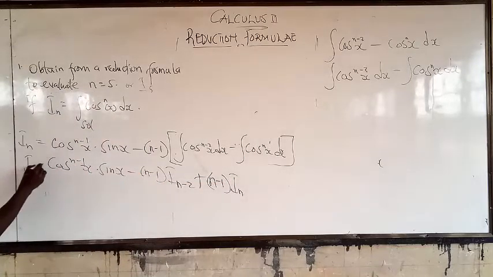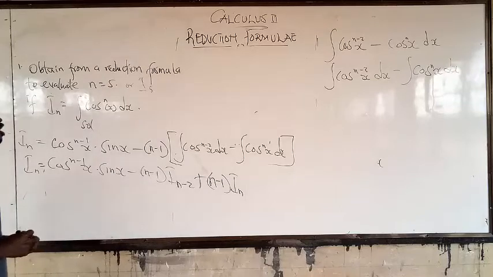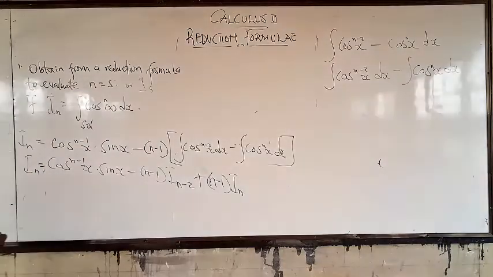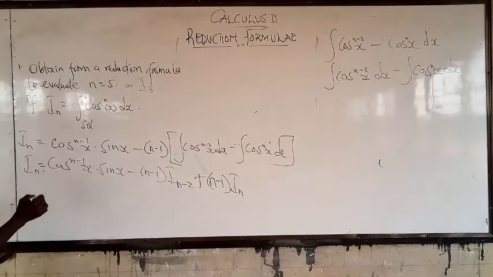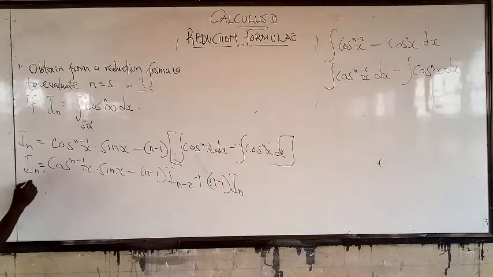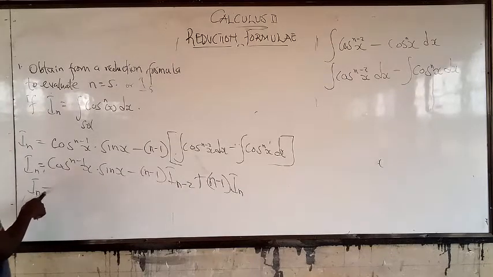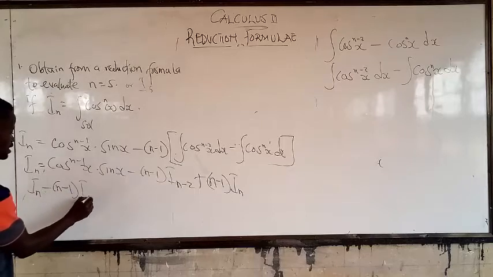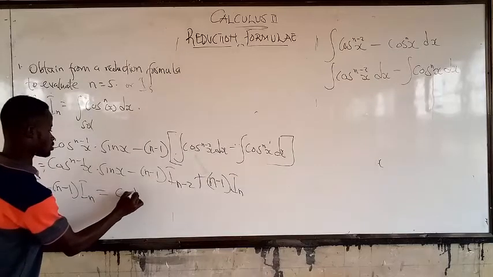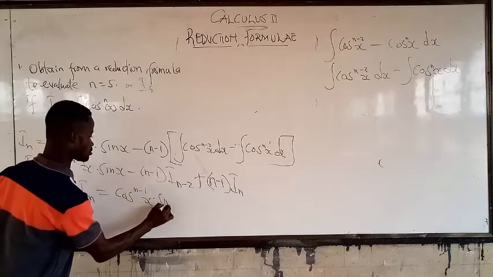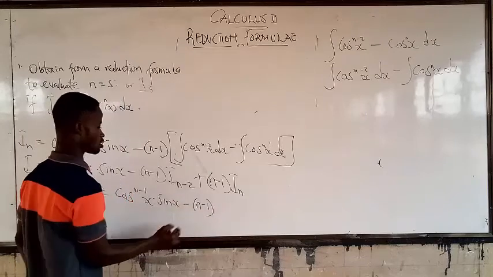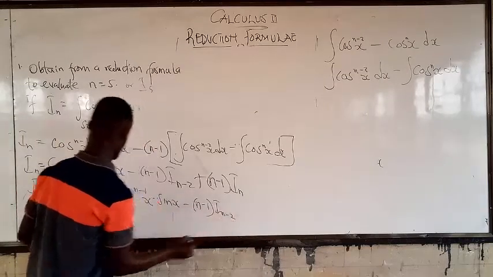So In is equal to this. We are still proving or obtaining the reduction formula for the integral of cos to the power n. So with this, we can send this to this side, since they are like terms, In. So In minus n minus 1 In is equal to cos^(n-1)x times sin x minus n minus 1 I n minus 2.